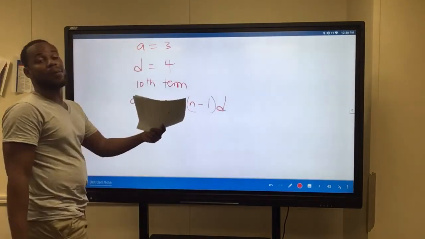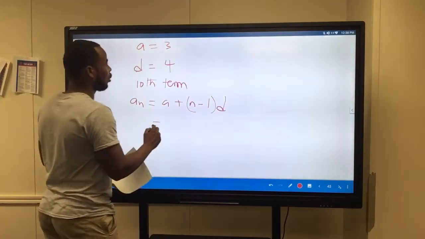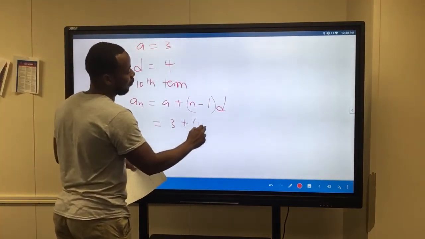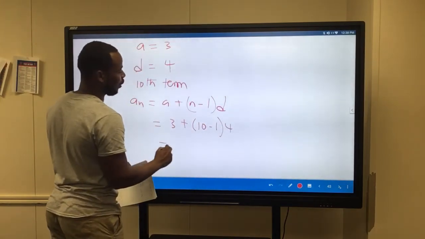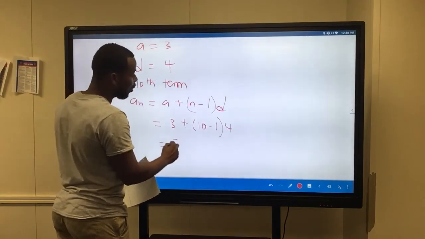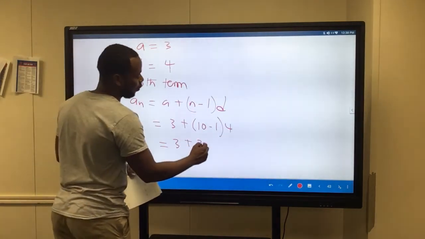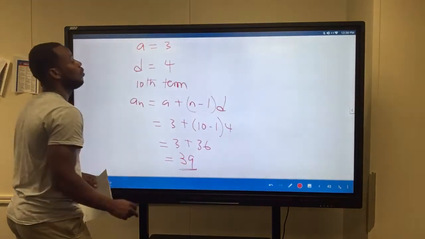Remember, this is arithmetic because they gave you the common difference. So this will be equal to 3 plus (10 minus 1) times 4. The answer will be 3 plus 9 times 4, which is 36. So this is equal to 39.